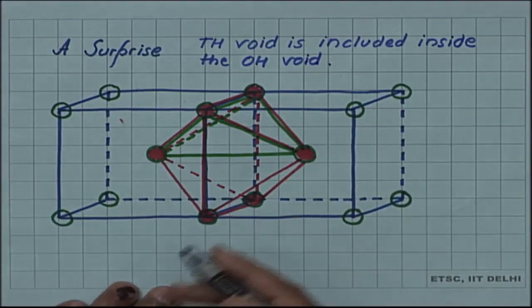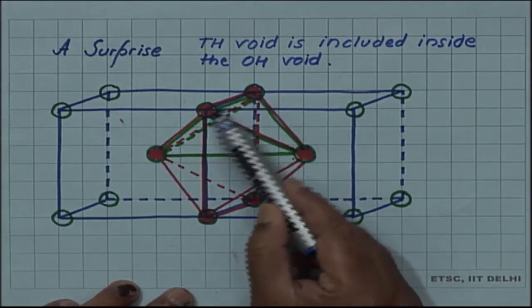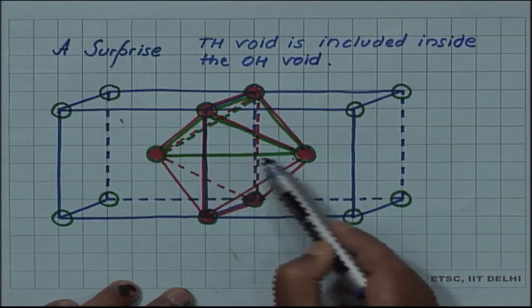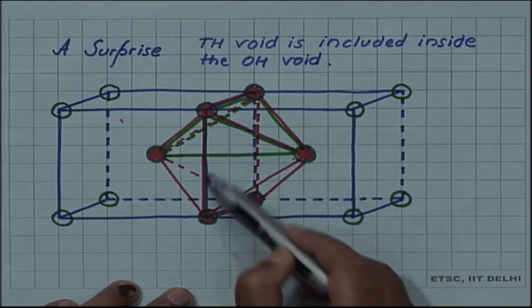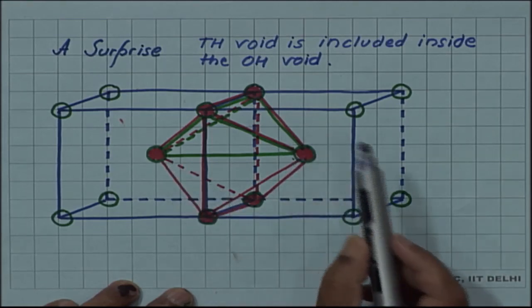In fact, if you see carefully, see this tetrahedral void I formed with this edge and is totally inside this octahedral void, but there are 4 such edges and I will get one tetrahedral void from each of these edges.